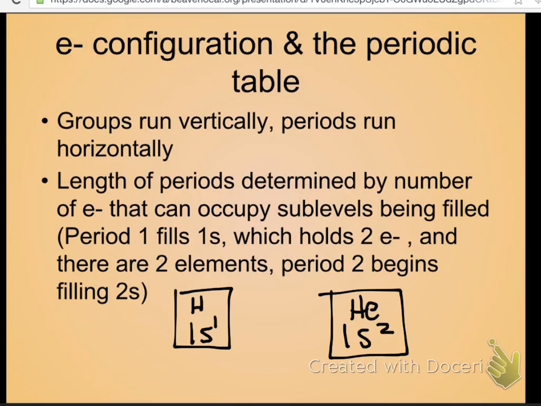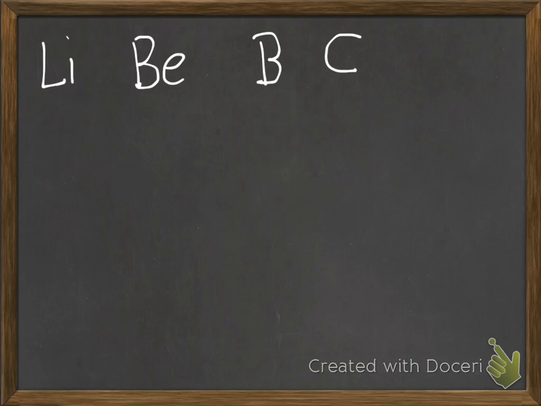Huh. Peculiar. So now, I'd like you to take a bunch of those little slips of paper, and I would like you to write the electron configurations for lithium, beryllium, boron, carbon, nitrogen, oxygen, fluorine, and neon.